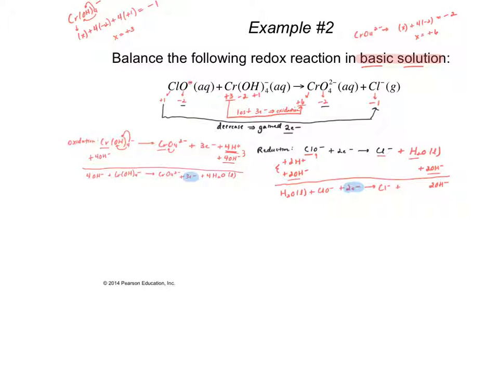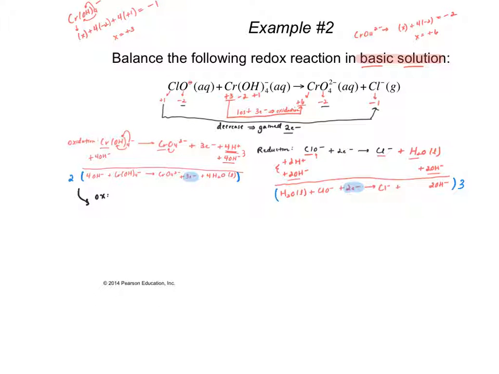So 2 and 3, their least common multiple is 6. I'm going to take my oxidation and multiply it by 2, because 2 times 3 gets us to 6. And I'm going to multiply my reduction by 3, because 3 times 2 gets us to 6.